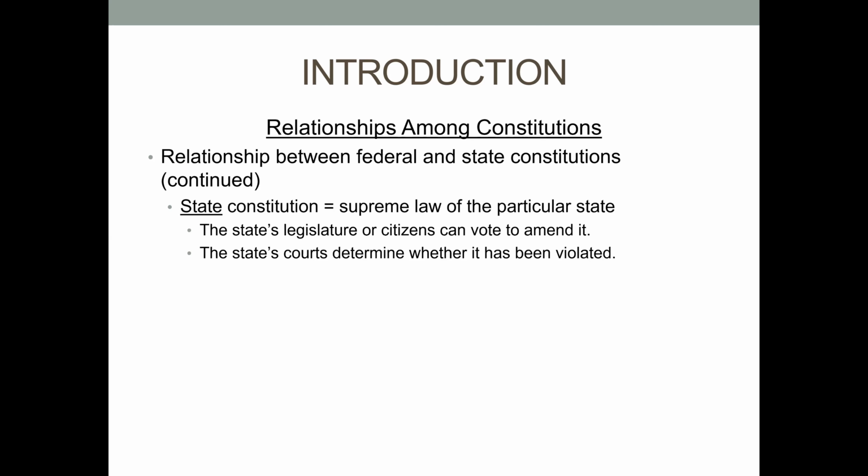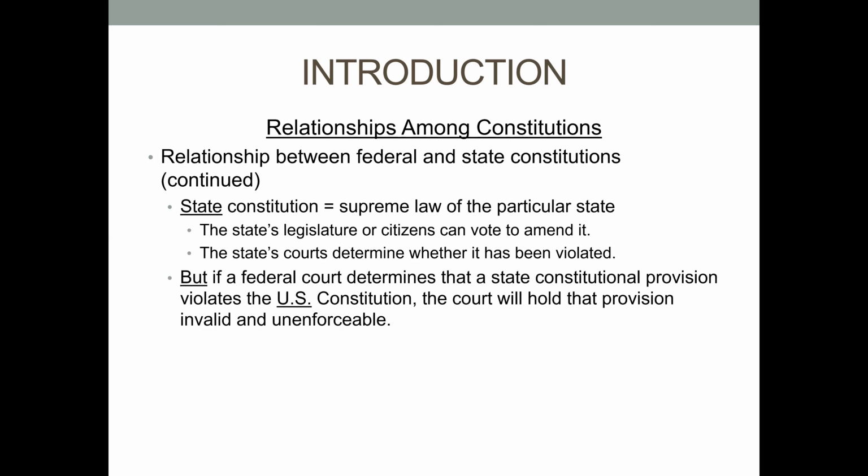And just as federal courts will determine whether a particular law or state action violates the US Constitution, so in state court systems, the state courts will determine whether the Constitution of that state has been violated.